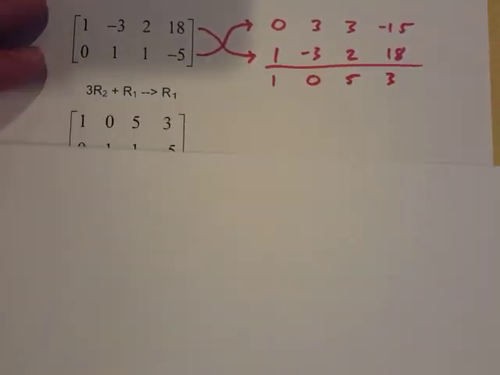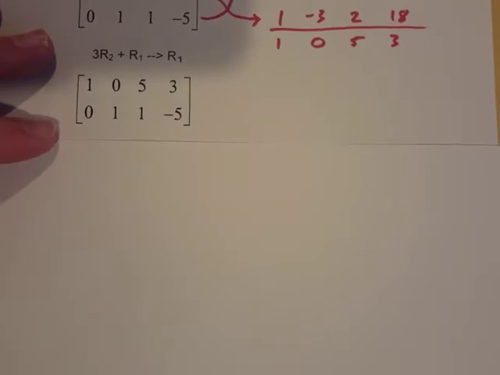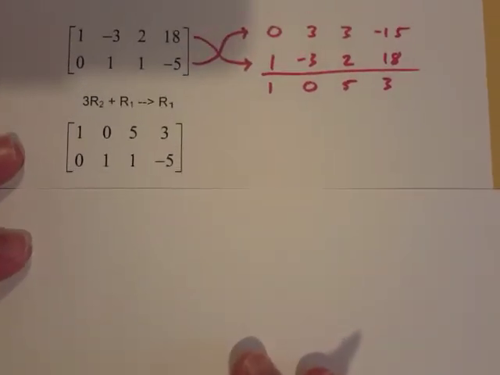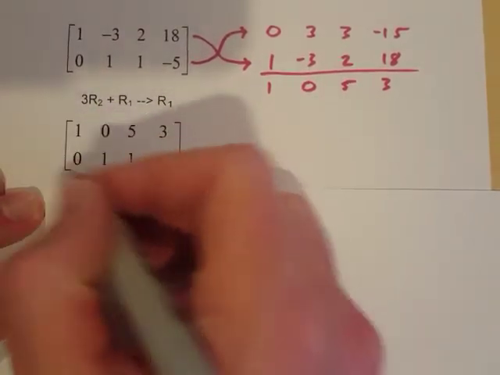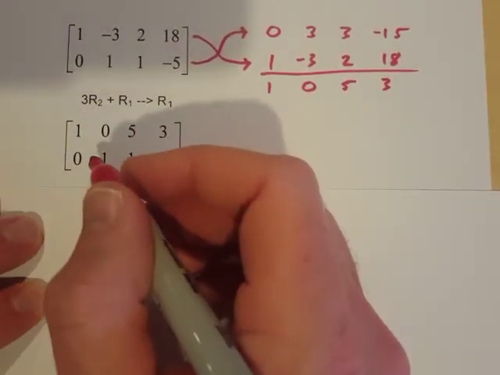And so we're going to replace that row with that information there. So here's what we have so far. We've got now this reduced row echelon form.